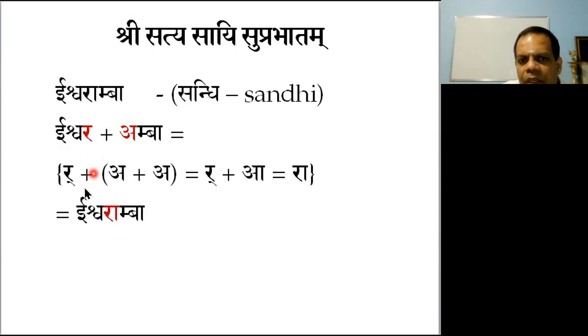This Ra has Ir and A. So the word ends in a vowel, akar, A. And that A joins with this A. A plus A join, and they create what's called A. So then Ir plus A becomes Ra, Ishvaramba. So that is what happens, and I explained the rule above. This is an example of that.